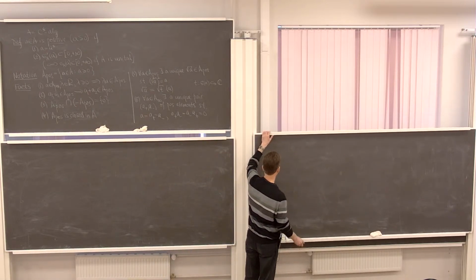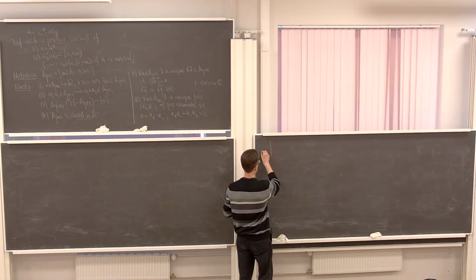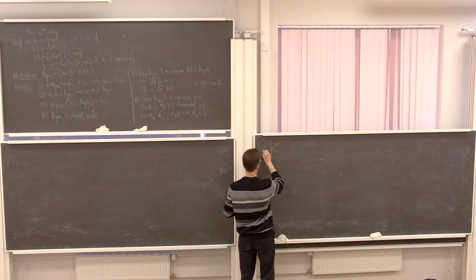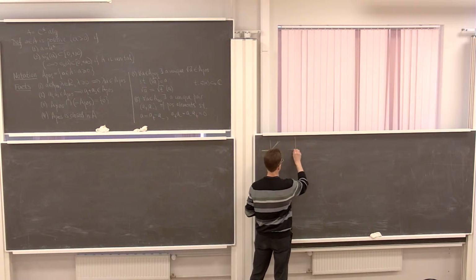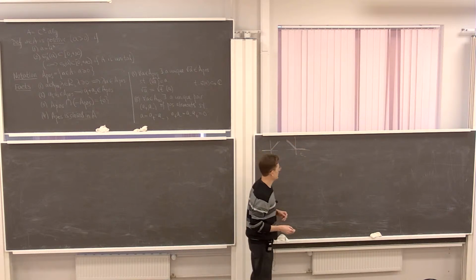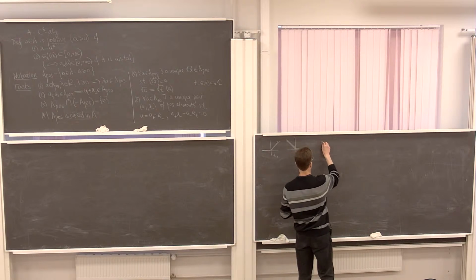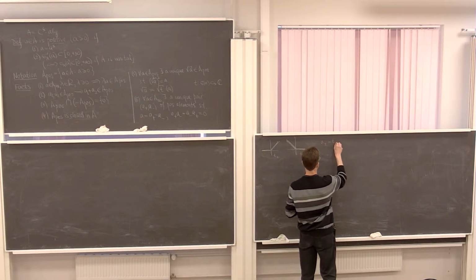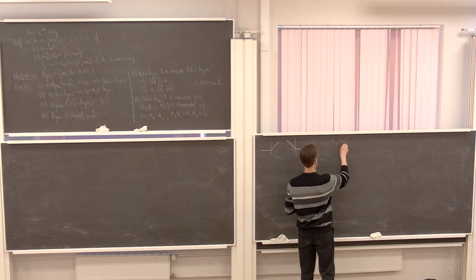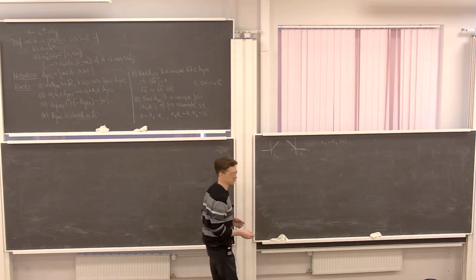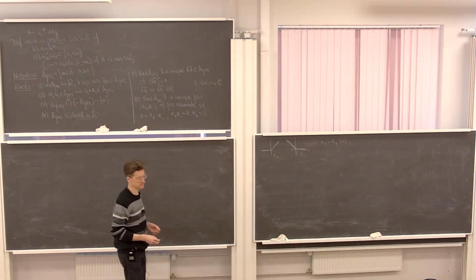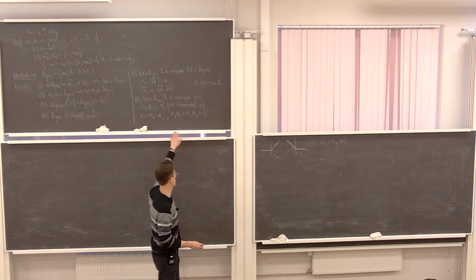So we considered the following two functions. This is the function t plus. This is the function t minus. And we defined the elements A plus and A minus in the following way. So we simply apply these two functions to our element A. And these elements are exactly what we need here.